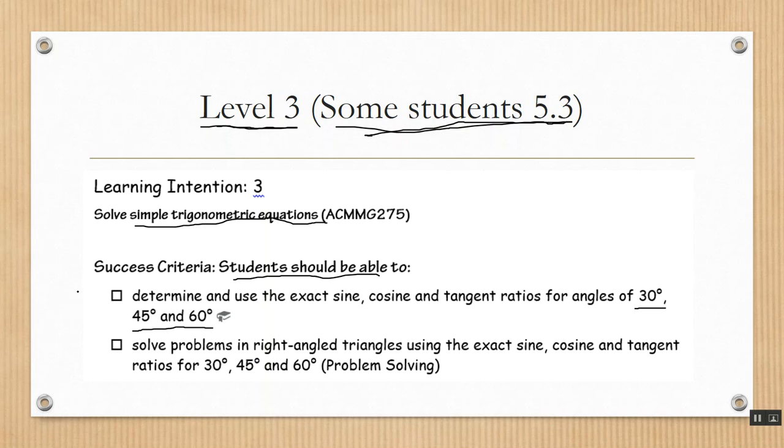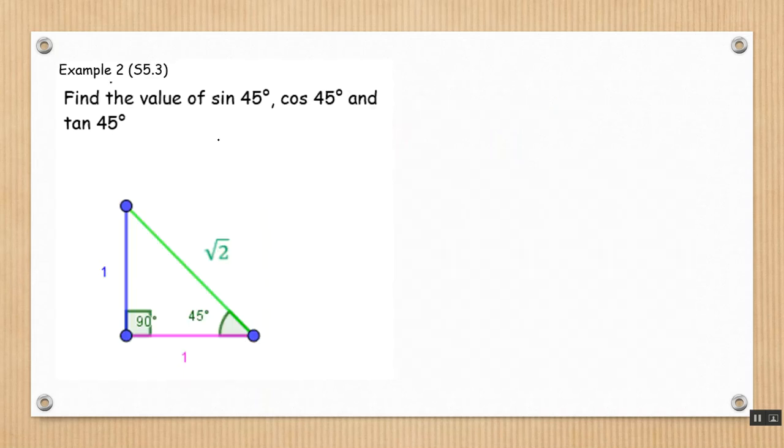Today I'm just going to show you the basics, and then we'll have equations. So find the value of sine 45, cos 45, and tan 45.